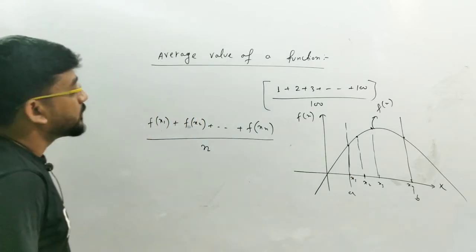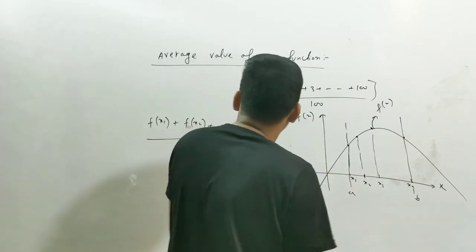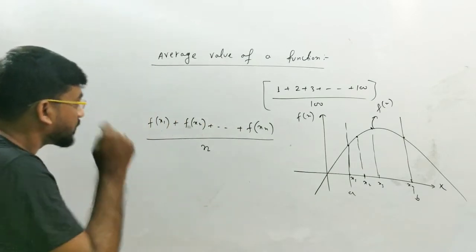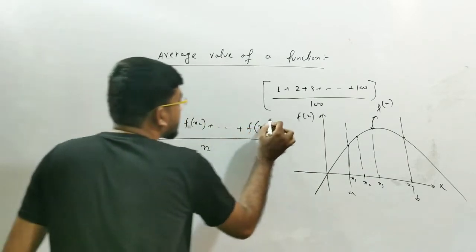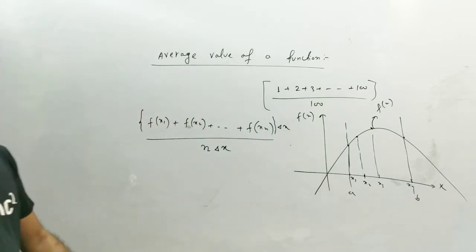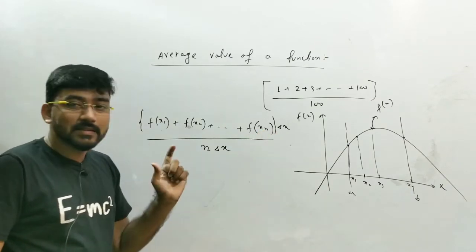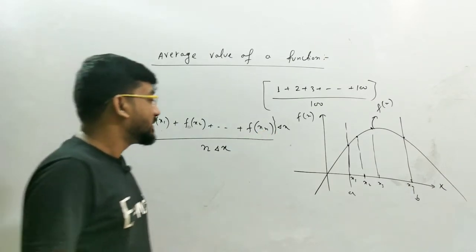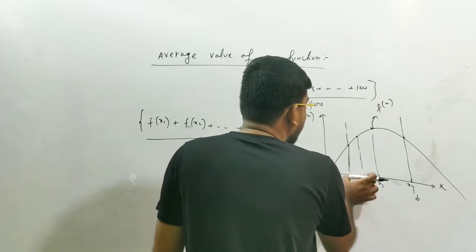But if you want to find the average value in this interval with a good approximation, then you have to multiply by delta x in the denominator and the numerator. And delta x is actually the interval.